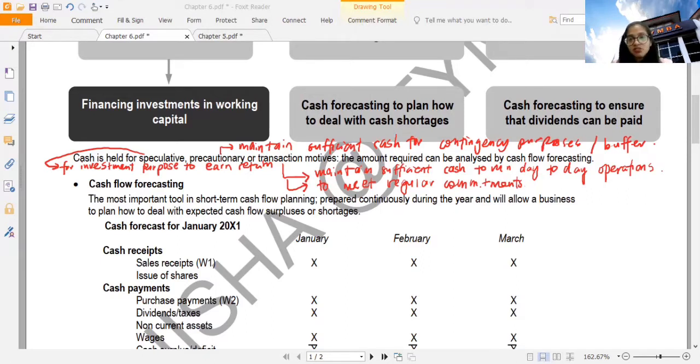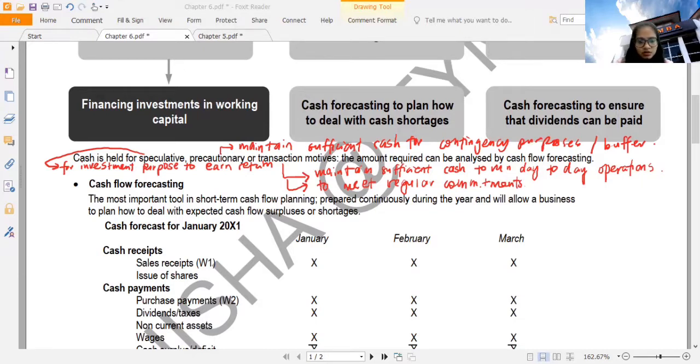That means, what is your format, what is your formula? And number two, besides knowing your format and your formula, you also need to know how to record the timing of cash flows, because the timing of cash flows is extremely important for the purpose of this particular question.